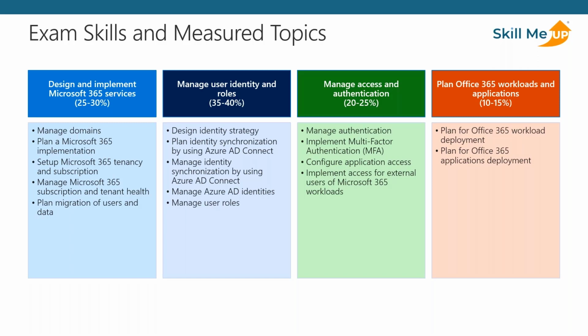I would recommend a little bit more effort in studying here, specifically around deployments of the Office 365 Pro Plus applications, either from the web or deployment into Windows 10 devices or even mobile devices. So that's the breakup of the exam. You can see the largest area is really around user identity and roles. And that's really because it encompasses so many different areas, especially when you're synchronizing on-premises accounts to the cloud.